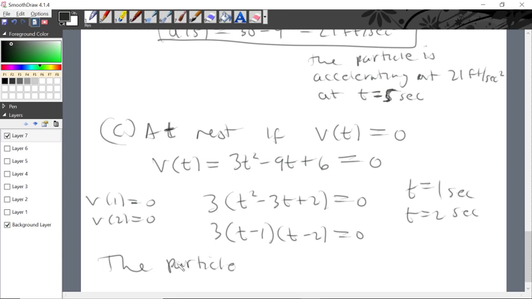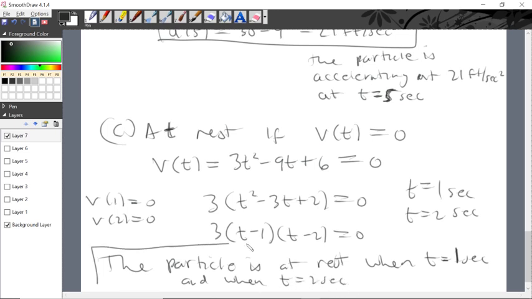The particle is standing still. That is, the particle is at rest, when t equals 1 second and when t equals 2 seconds.